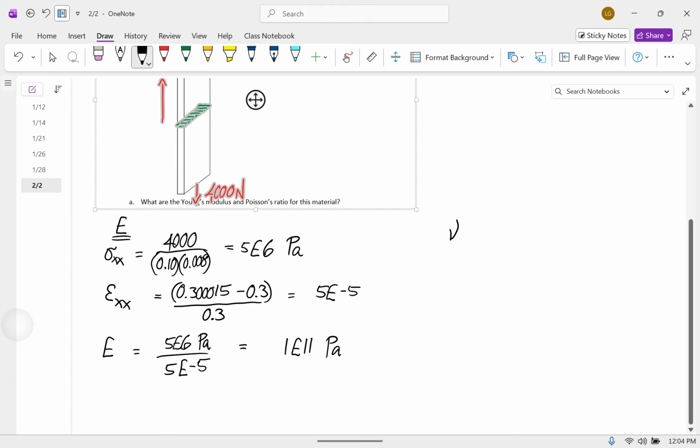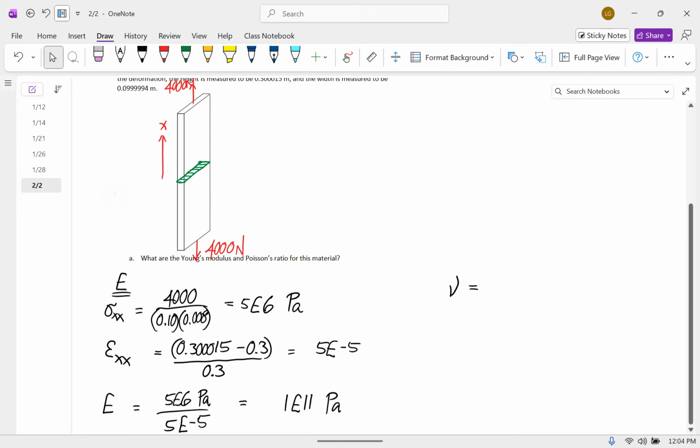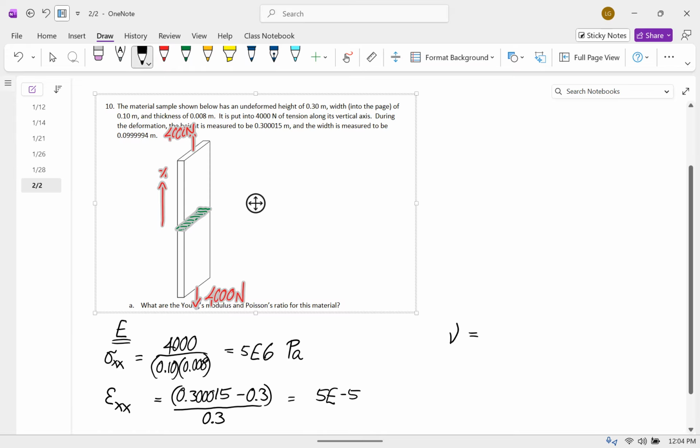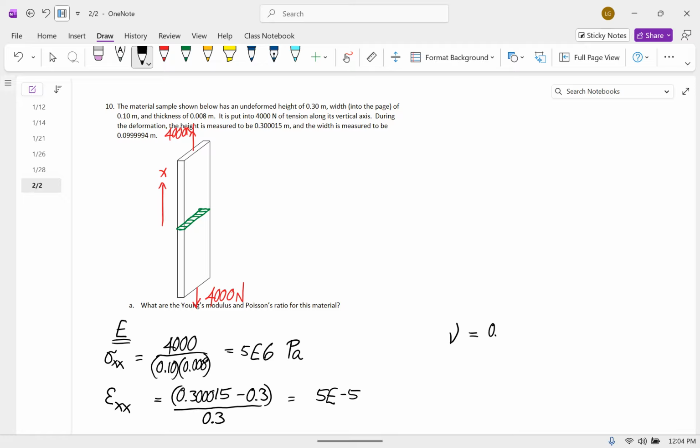And then for Poisson's ratio, we almost have everything we need. We just need the strain for one of those off-axis dimensions. We're given that the width that started out as 0.1 is now this thing. So that's point, let's see, 0, 1, and then 1, 2, 3, 4, 5. So 0, then 5 nines, and then a 4, minus 0.1, divided by 0.1.